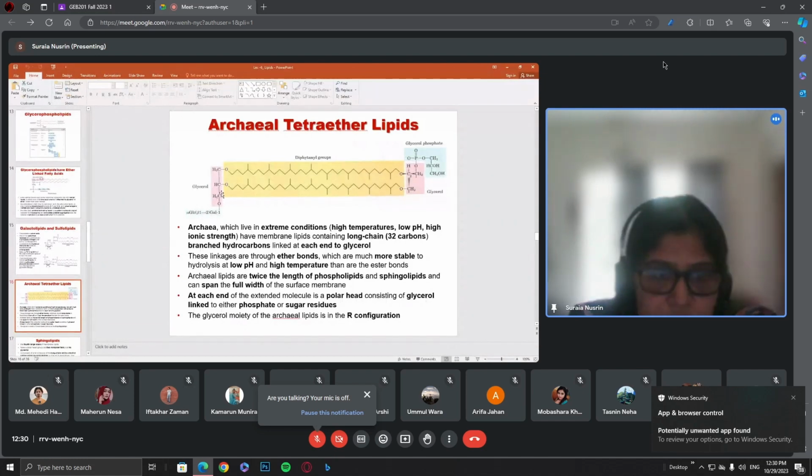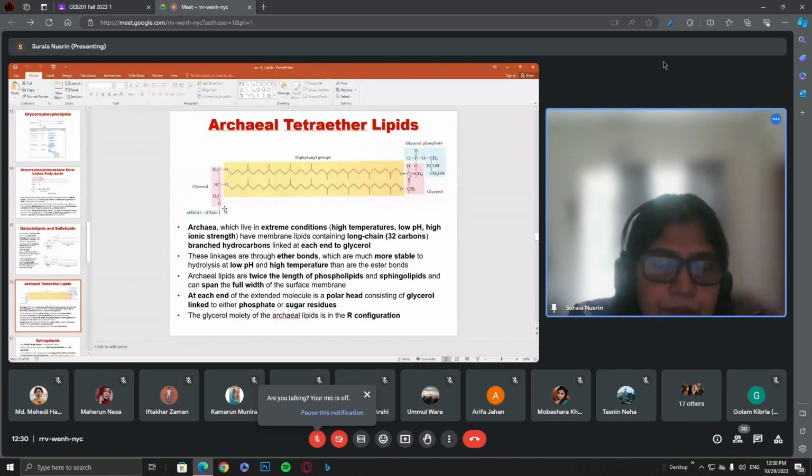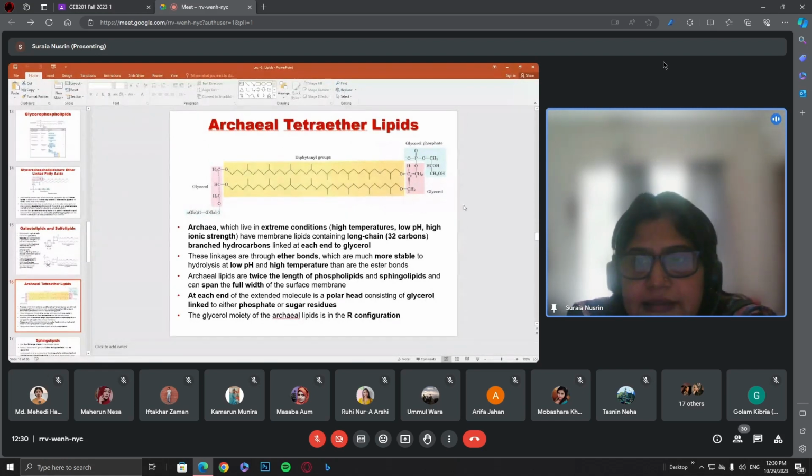if you look at this, at one end the glycerol number 3 carbon is linked to sugar residues, whereas at the other end that glycerol is linked to a glycerol moiety by a phosphate group.